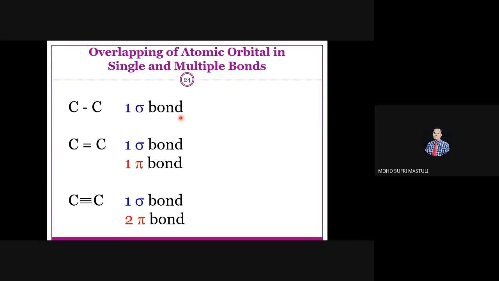The second last subtopic is the overlapping of the atomic orbitals. We try to understand it in terms of sigma and pi: single bonding is sigma, double bonding is 1 sigma 1 pi, triple bonding is 1 sigma 2 pi.